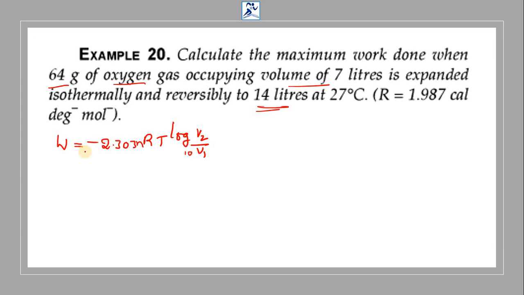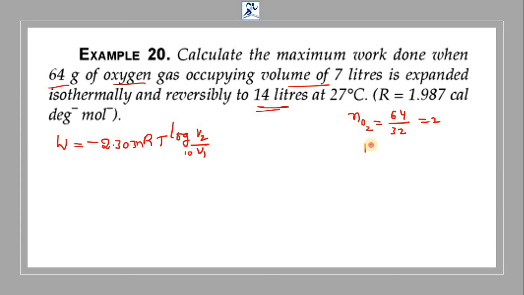In this, n is the number of moles. So the number of moles of oxygen we first have to calculate from the mass. Number of moles of oxygen is 64 by the molar mass of oxygen, 32. It is 2 moles.